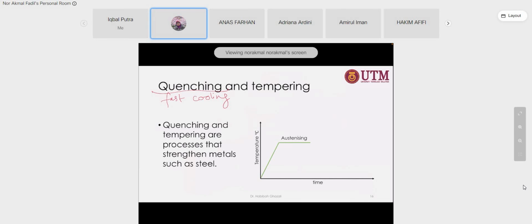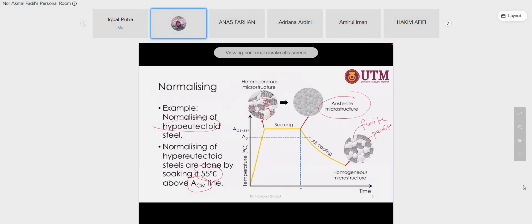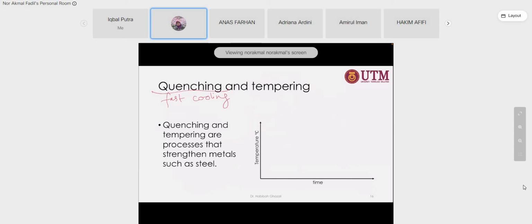One requirement to get a new phase other than the original phase, which is alpha and cementite, is that you need to eliminate this first, meaning that you need to change it into austenite.